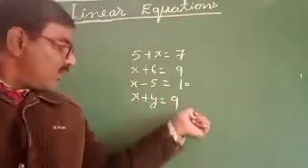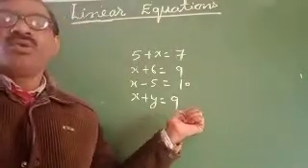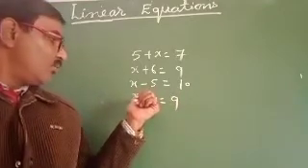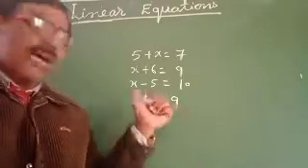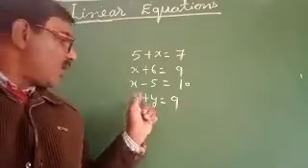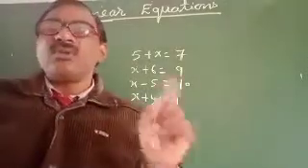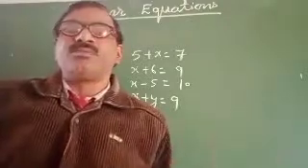So this type of equation is called a linear equation in two variables, because the variables are x and y, and the power of y is also 1 and the power of x is also 1. Therefore this is also a linear equation, but it is a linear equation in two variables.